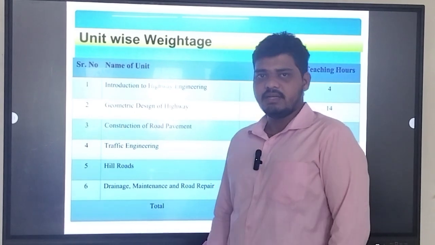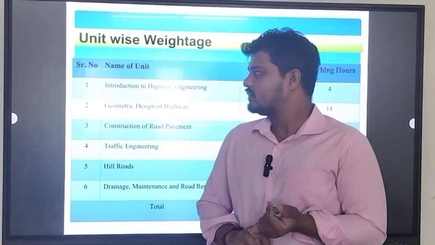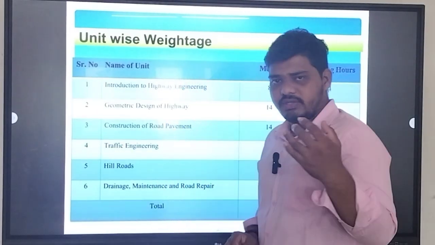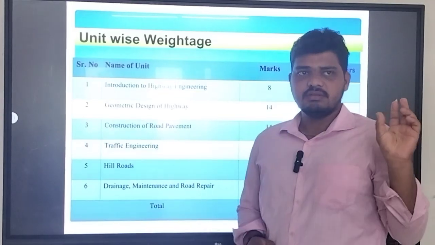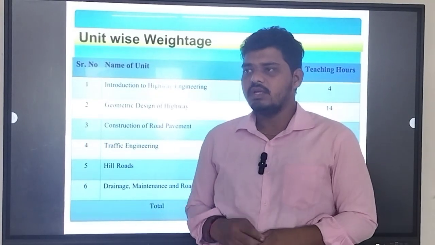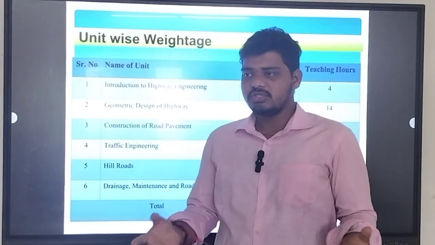In construction of pavement, two types of construction are there: rigid pavement construction and flexible pavement construction. So what are the materials used? First, soil is important. So the CBR test is very important for soil. We know the strength.